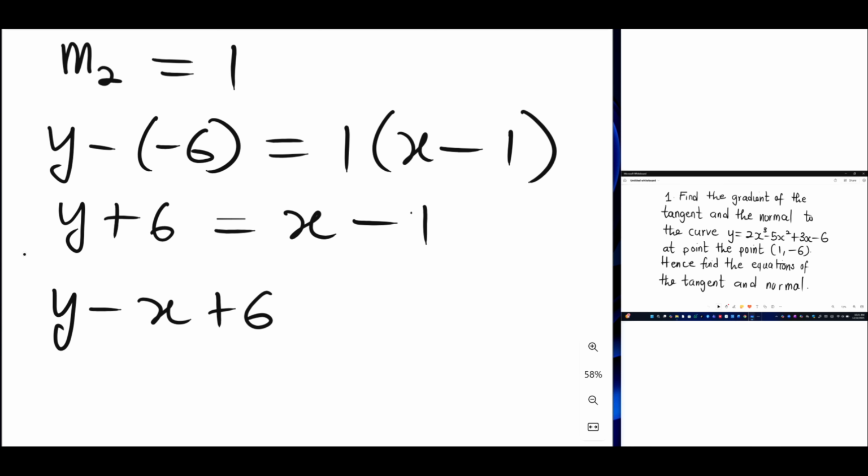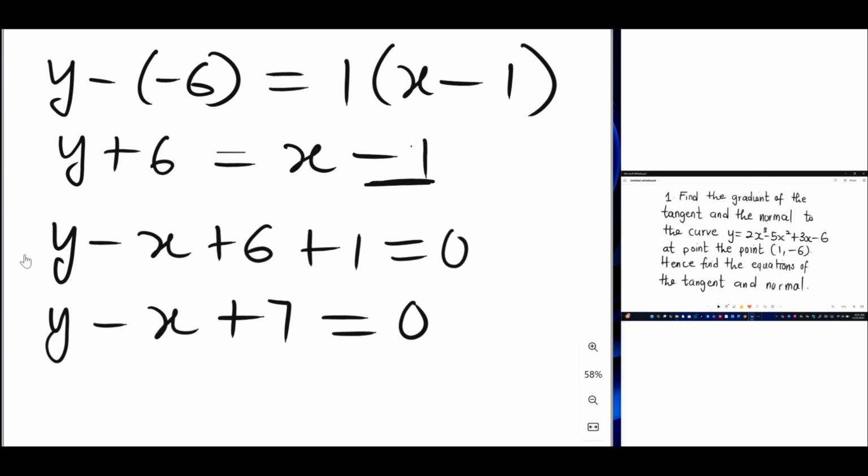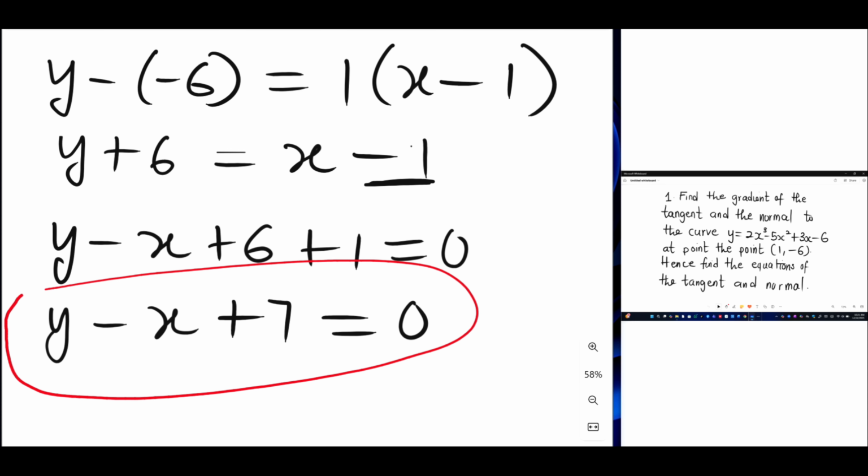Then we transpose the negative 1 to the left hand side, plus 1, all equal to 0. So we get y minus x plus 7 equal to 0. So this becomes the equation of the normal to the given curve.